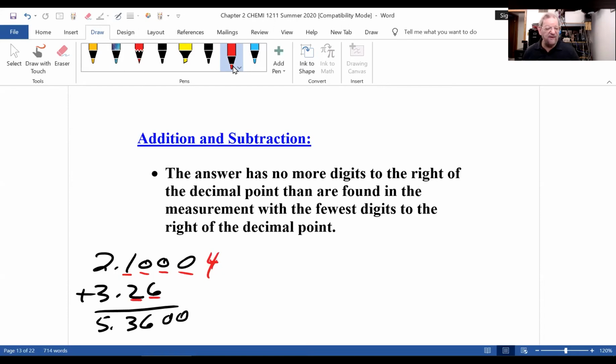And therefore, this has 2. Remember, we're only looking at past the decimal. So we want to have the lowest number past the decimal, 2. We'll keep this and this. This is used to round off. Is that 4 or less? The answer is yes. This gets dropped. And our correct answer, assuming I did the addition right, which I did, would be 5.36.